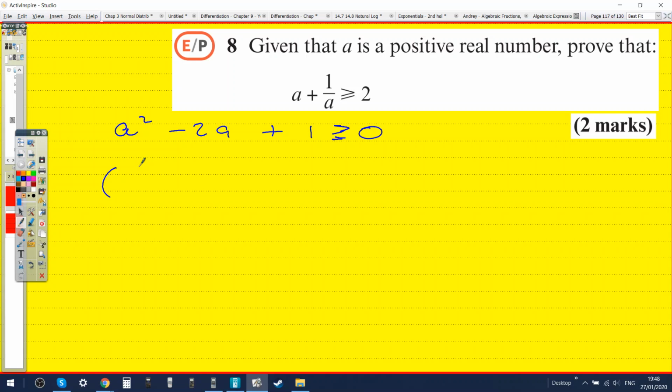So a minus... is that going to be like a minus 1 squared minus 1 or something like that? It's basically a minus 1, a minus 1. Okay. Or another way of writing it, a minus 1 squared. Yeah.